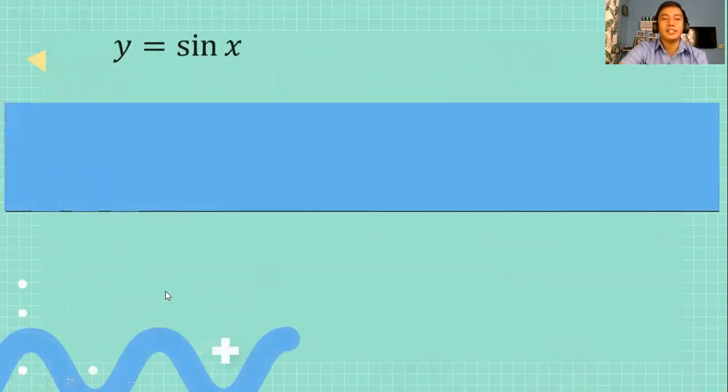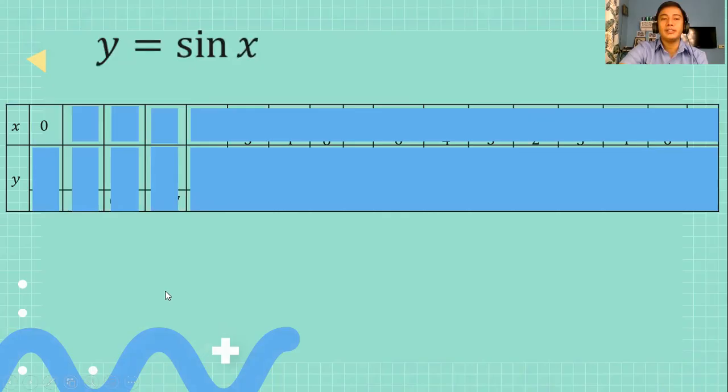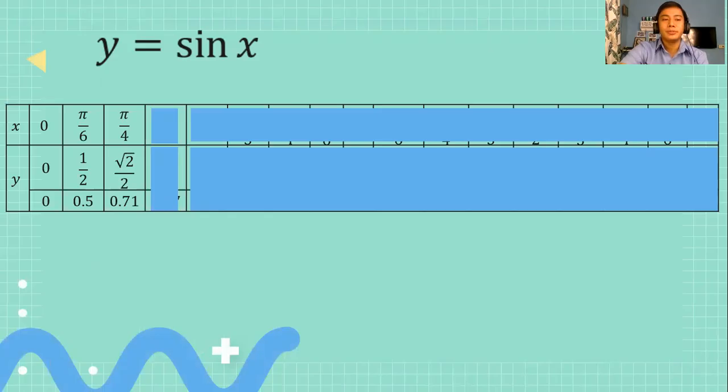Using your calculators, let us try to find sin 0. Sin 0 is equivalent, of course, to 0. Sin 30 degrees or pi over 6 is 1/2, or 0.5 in decimal. Sin 45 degrees or pi over 4 is the square root of 2 over 2, which is approximately 0.71.